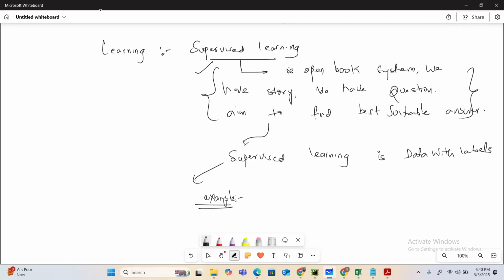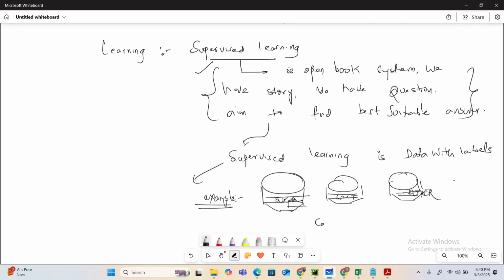I'll take an example. If you have a couple of jars, and the label is given to you: this is sugar, this is salt, this is pepper.